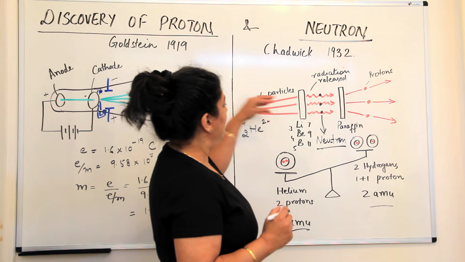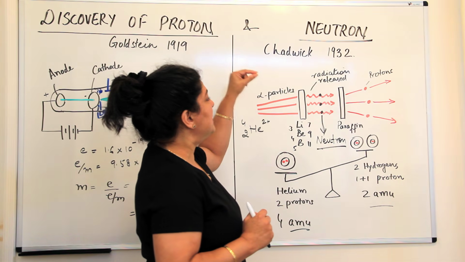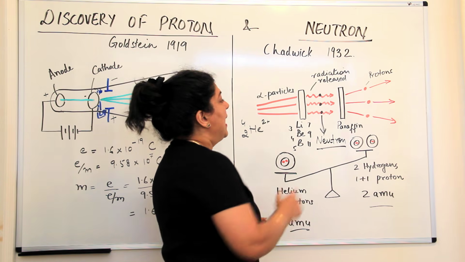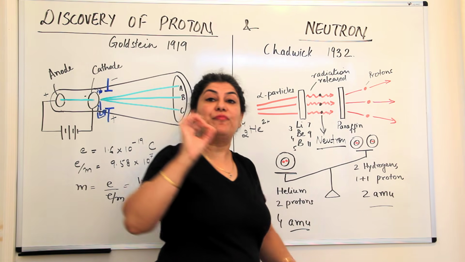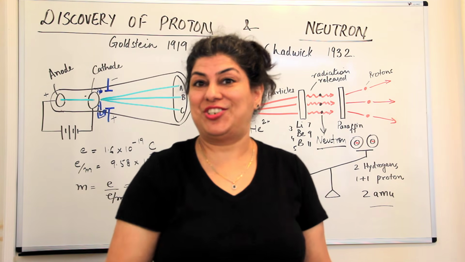So when he bombarded these with alpha particles, he found that certain radiations were shot out of these elements. And these radiations consisted of particles which had mass, but they did not have charge.